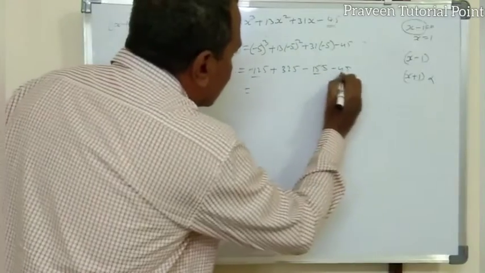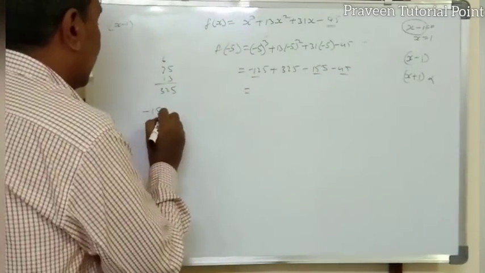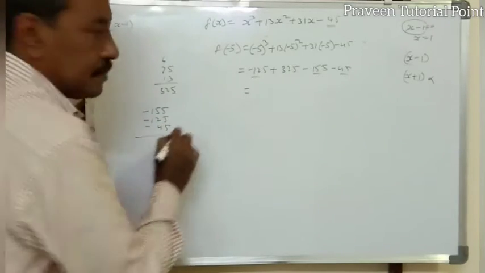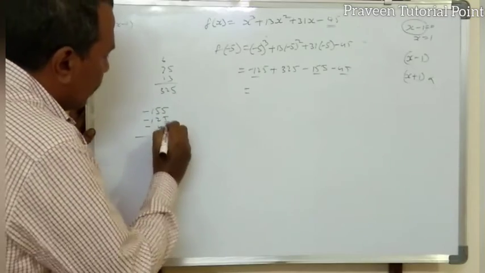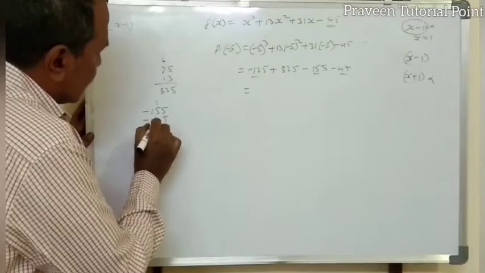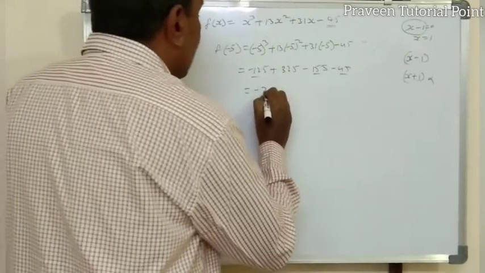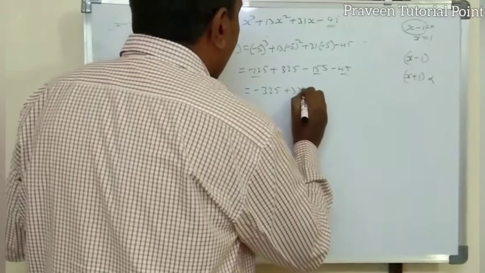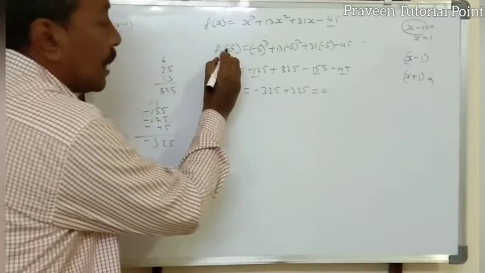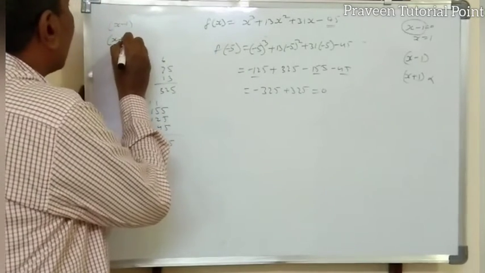Let us add all these negative values: minus 125, minus 155, minus 45 gives minus 325. Minus 325 plus 325 is equal to 0. So, here we kept x is equal to minus 5, which means x plus 5 is one of the factors.